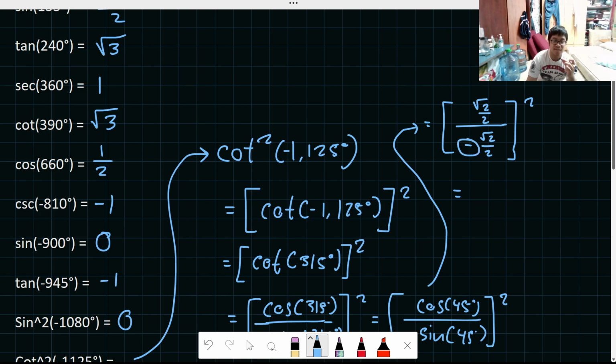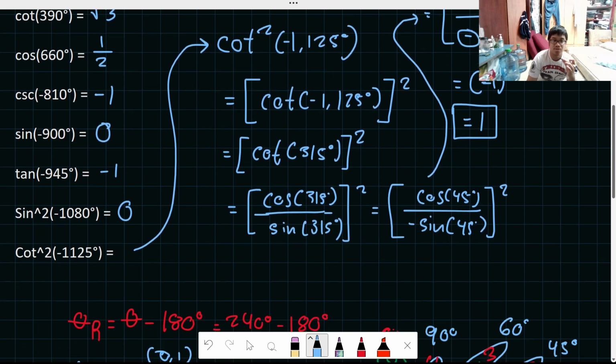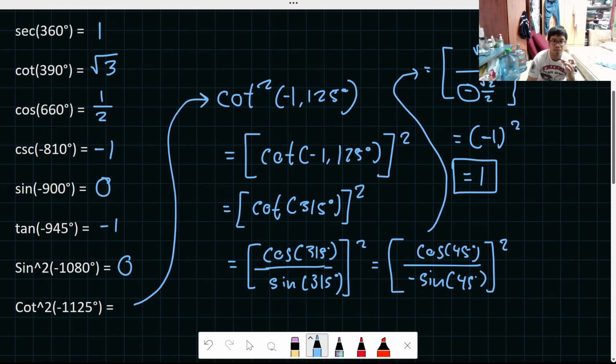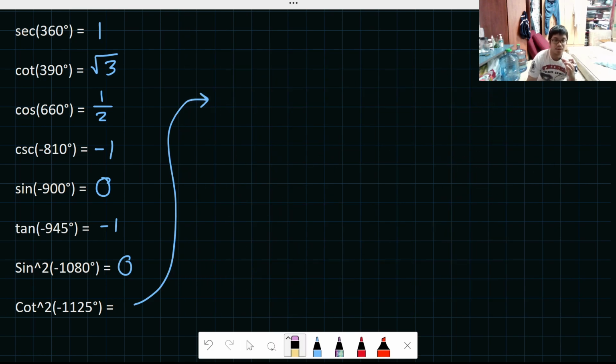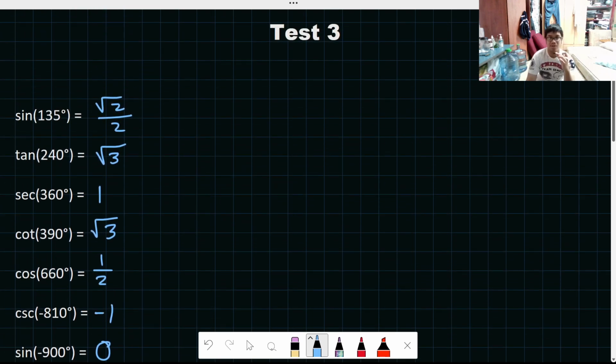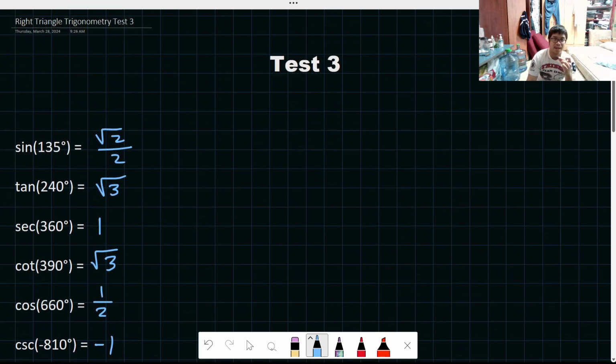But since we have a negative sign, the answer here is the square of negative 1, and the square of negative 1 is positive 1. Therefore, the answer for cotangent squared of negative 1125 degrees is 1. That's the answer. So there we go, we got the answer, 1. And we're done with the third part of our test of right triangle trigonometry.